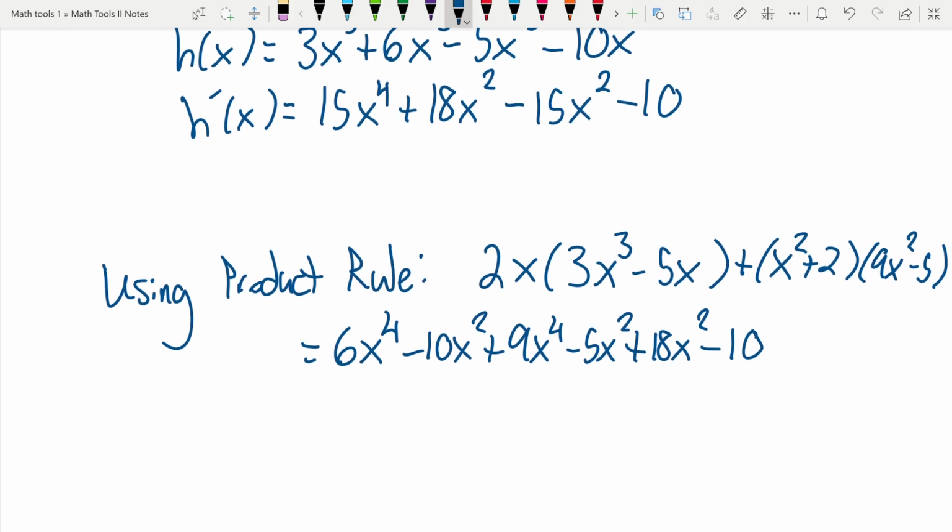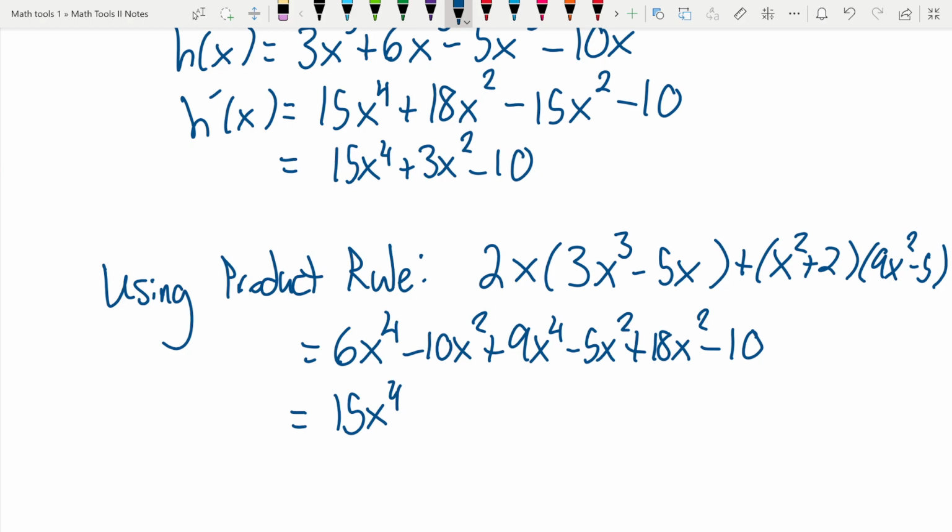I'm starting to feel like I might have done something wrong here. But let's just keep going. So this is 15x to the 4th. Oh, okay, I'm seeing the second term. I just didn't combine them in this one, right? So this one actually would have been 15x to the 4th plus 3x squared minus 10.